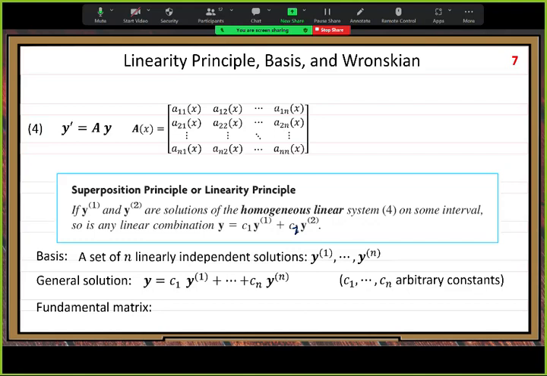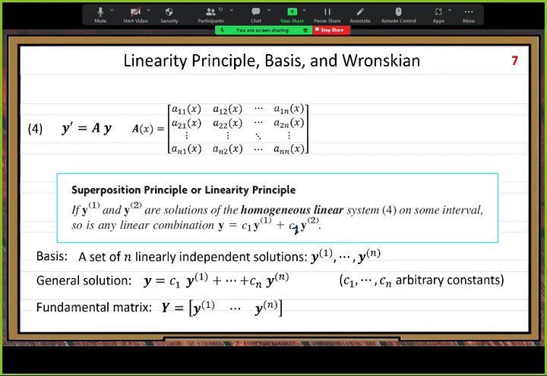If we put those n vector solutions together in an n by n matrix, we get this capital Y matrix, which we call a fundamental matrix. The reason we introduce this concept is that it will be useful later.